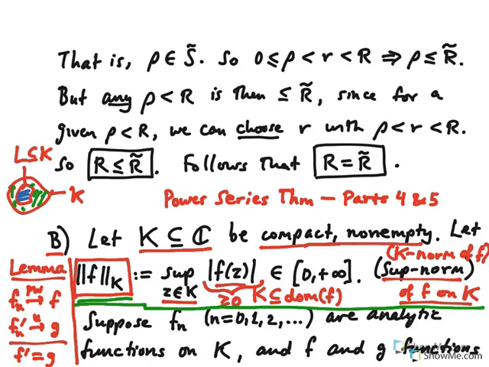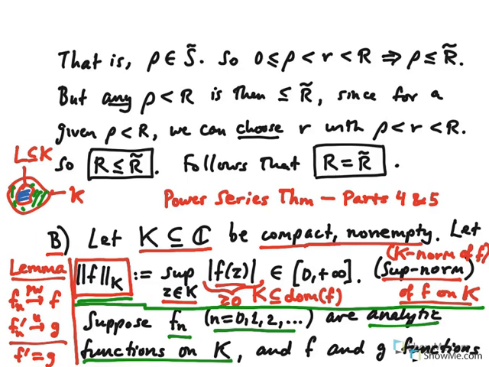Suppose we're given a sequence of functions, f sub n, so n takes on the values 0, 1, 2, etc. So it's an infinite sequence of functions, and every one of them is analytic on K. And I'll remind you that that's actually just a shorthand for something.